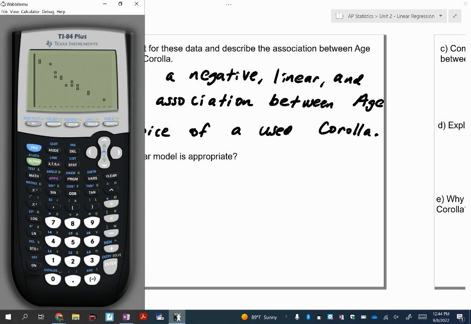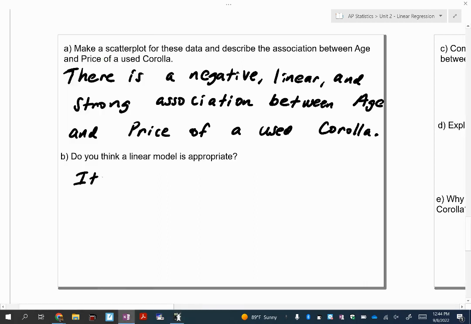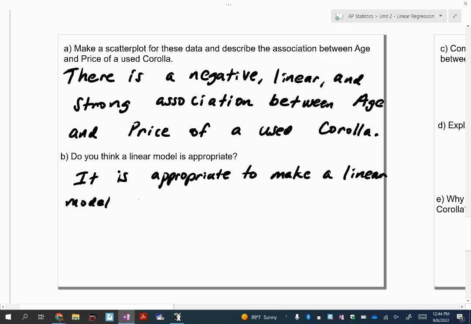And in this case, all you have to do is say, if you decided that the form was linear, which we wrote linear for our form, then yes, it is appropriate to make a linear model because the form is linear.